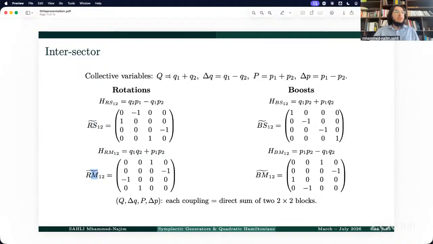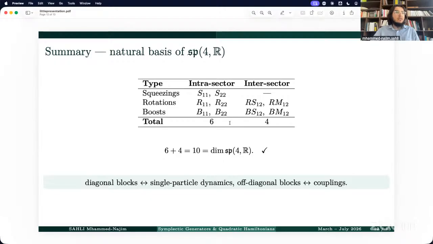And we see that within this change of variables, the separated generator only acts on the diagonal of the block matrix, and for the mixed one, the non-zero blocks are on the anti-diagonal. So at the end of the day, when we count, we get exactly 10 generators, the number of generators for this Lie algebra.